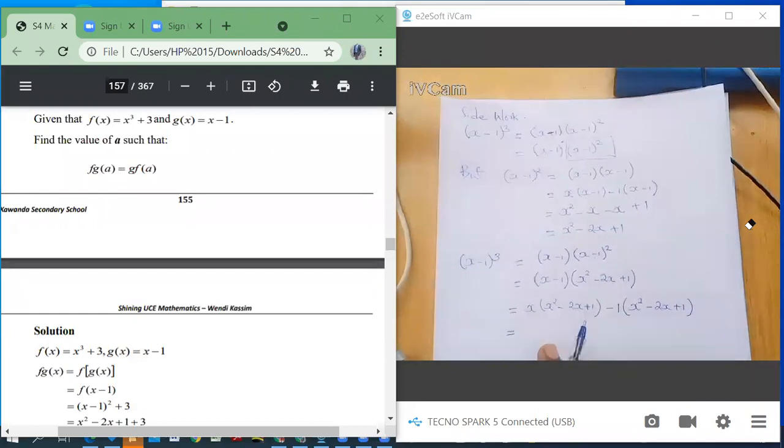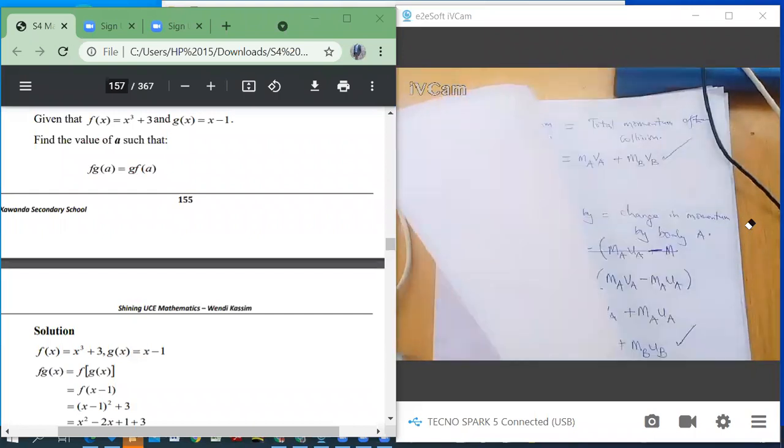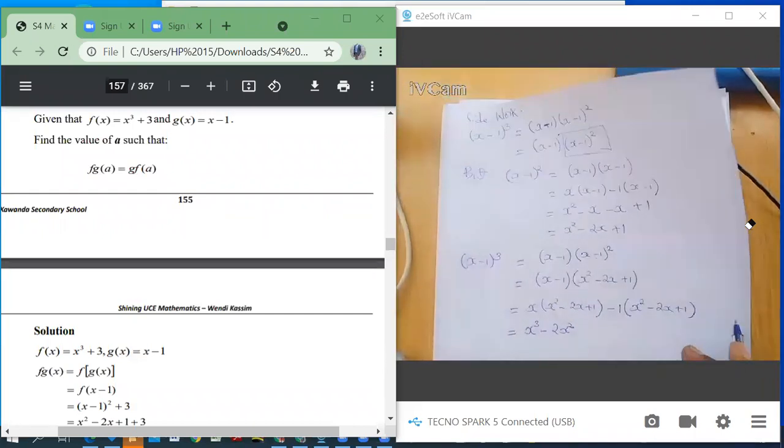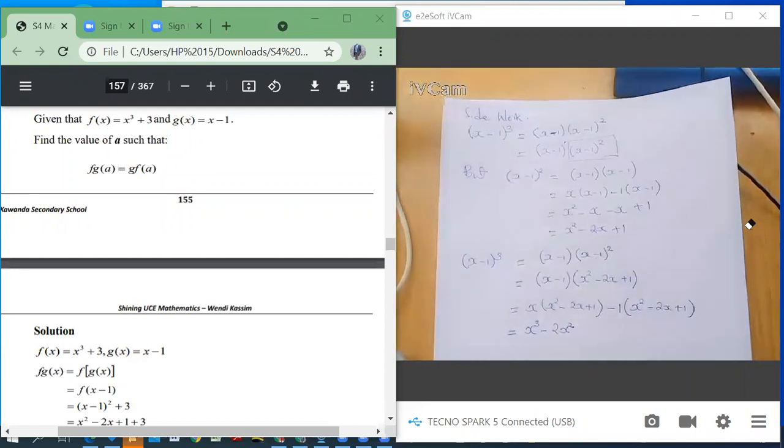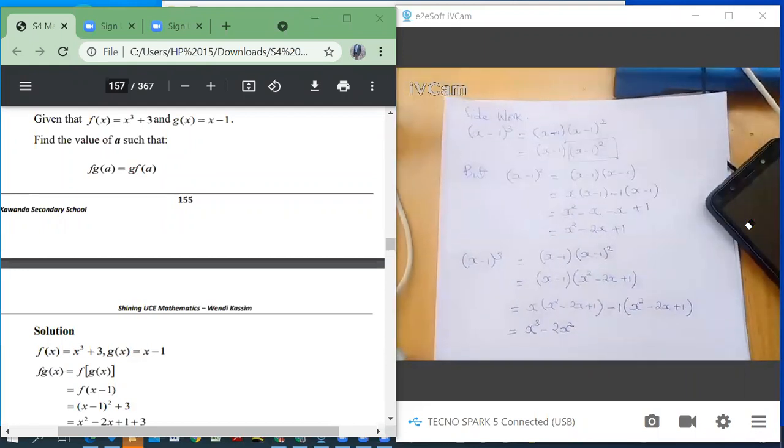Let's open the brackets. We shall have x times x squared will give us x cube, not so? Then x times minus 2x will give us minus 2x squared. Plus x.